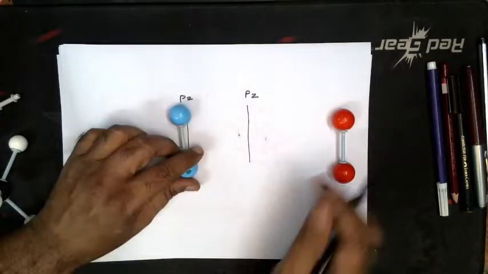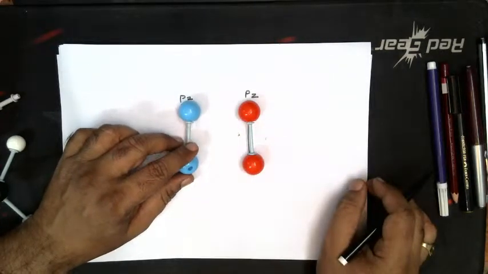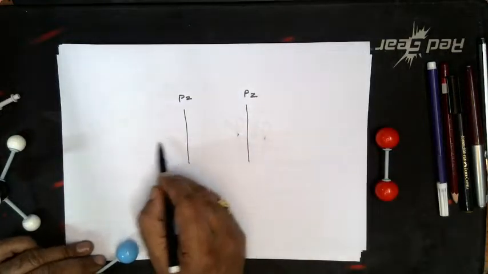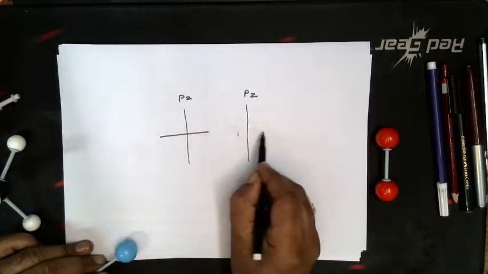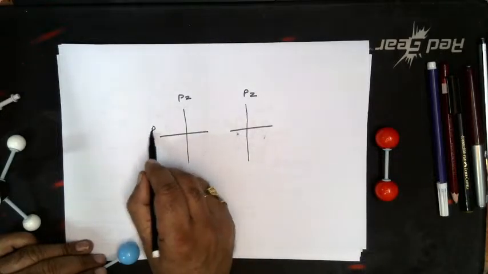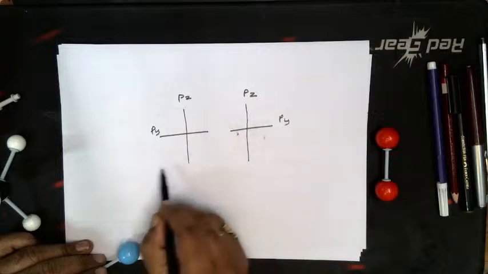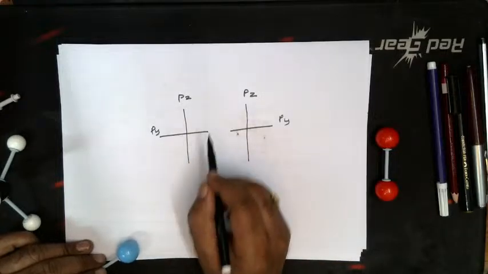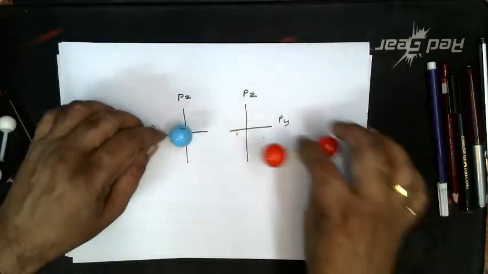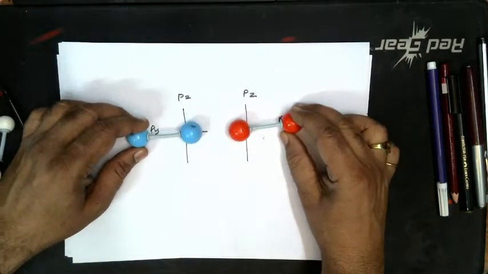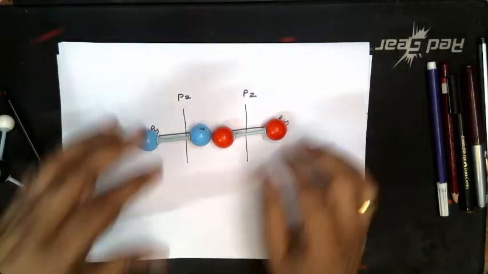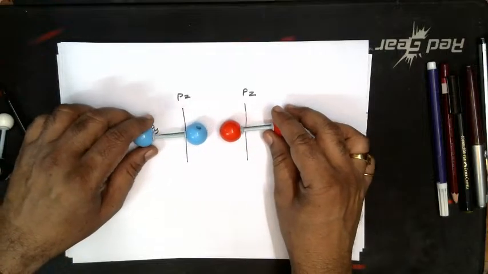So when I put it like this, this is pz. Are you able to follow? Then you have py also. Let me call it py. Now this py can combine like this. You can call it x also. It is left to you, from where you are looking. So that depends.